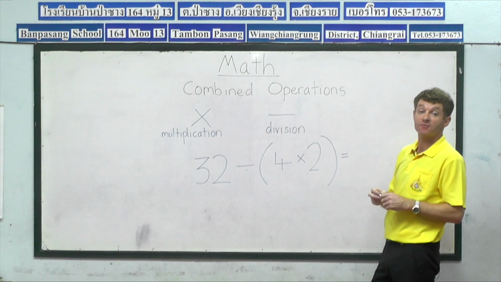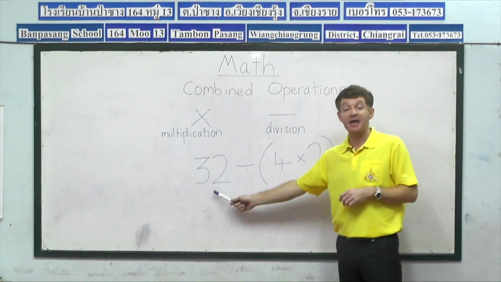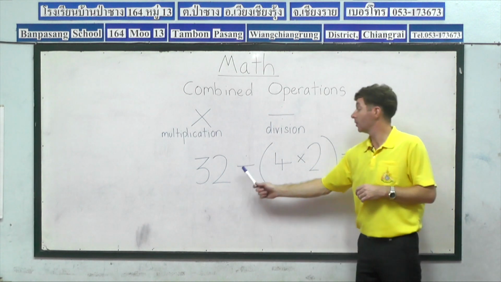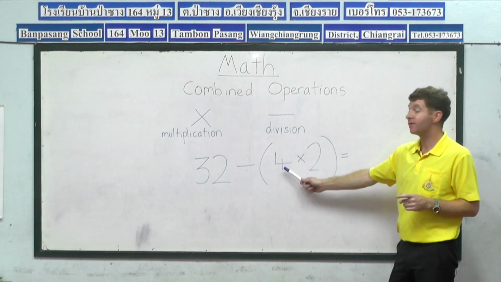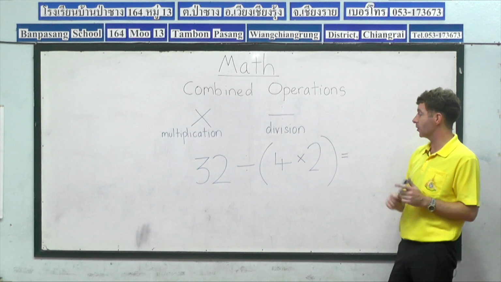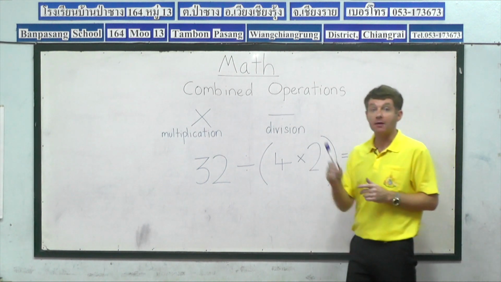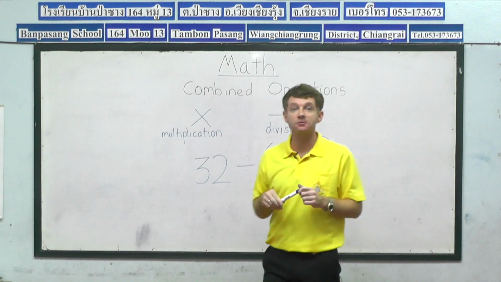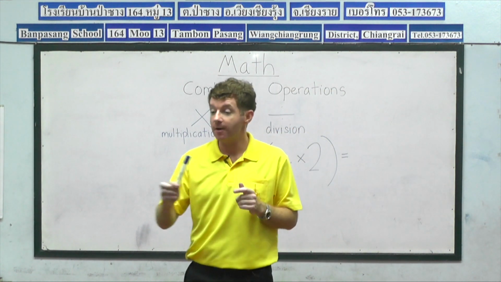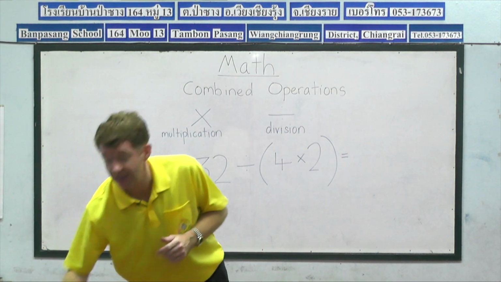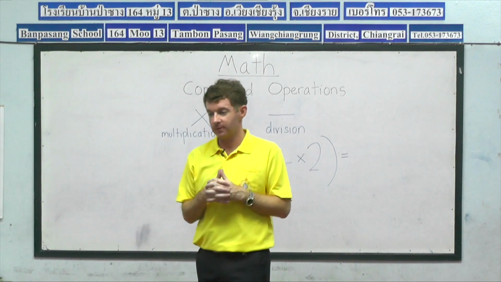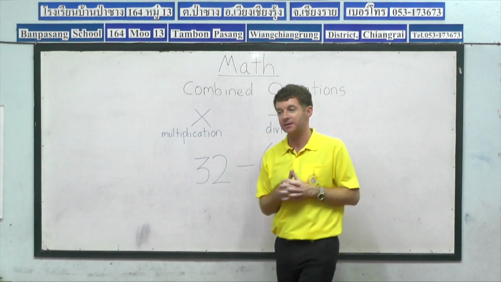So our combined operation sum, 32 divided by 4 times 2 equals. And for this combined operation sum, I would like to invite Pak Bung to come forward and work out our sum for us. So Pak Bung, come and join me at the front, please.